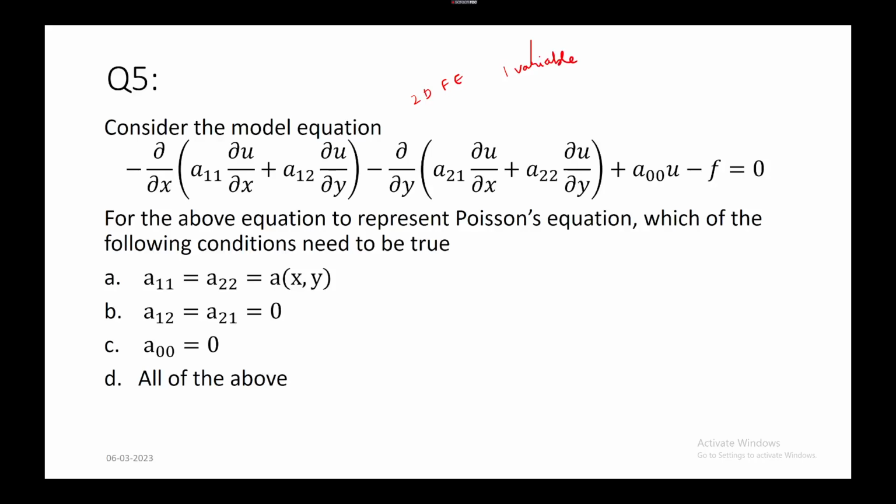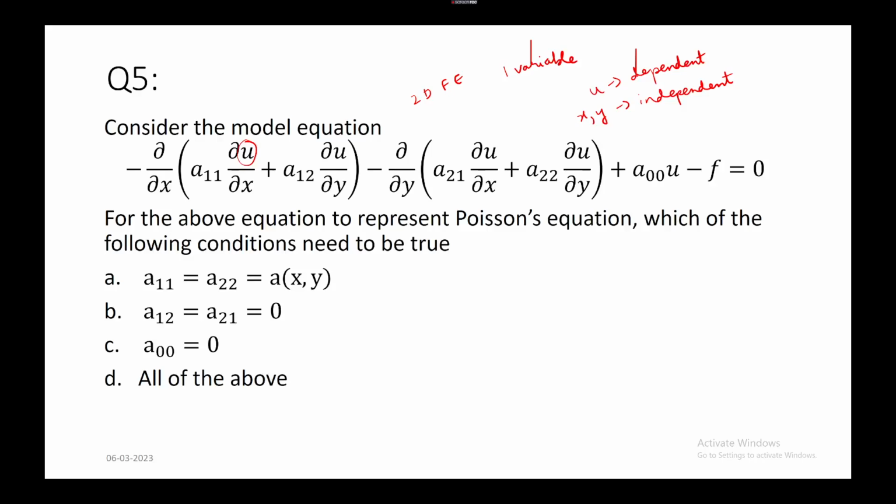What is that one variable? That one variable is u. u is a dependent variable. It is two dimensional because there are two independent variables, x and y. So this is the model equation.